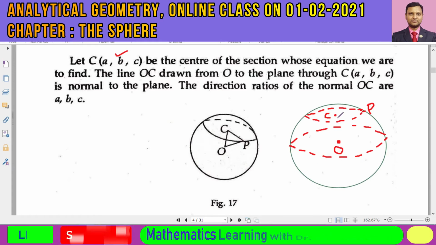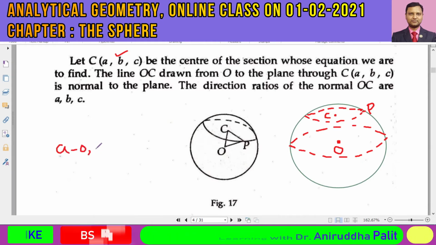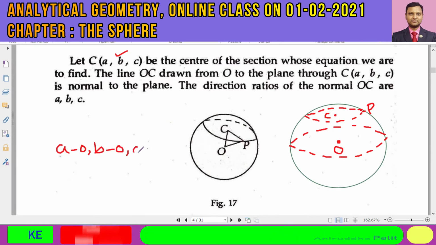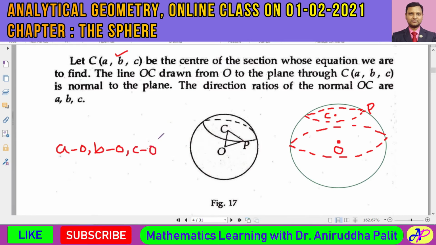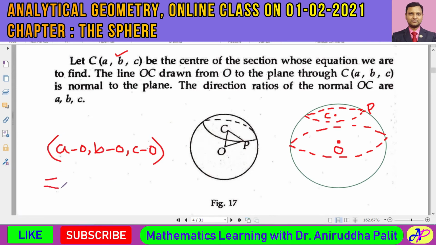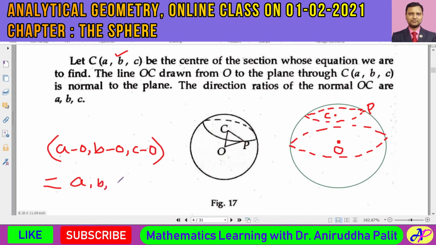In that case, what would be the direction ratios of OC? The direction ratios of OC would be A minus 0, B minus 0, C minus 0. These three, which is actually A, B, C, would be the direction ratios of the straight line OC.